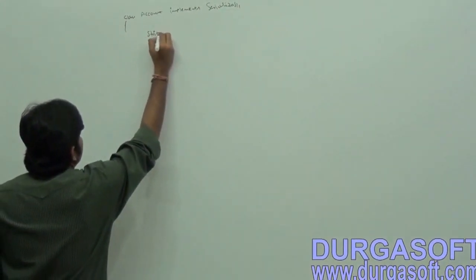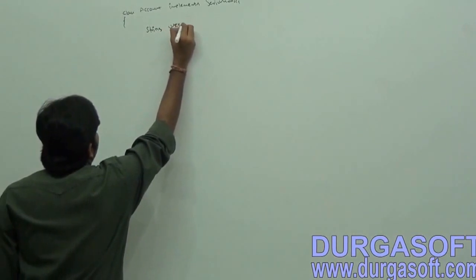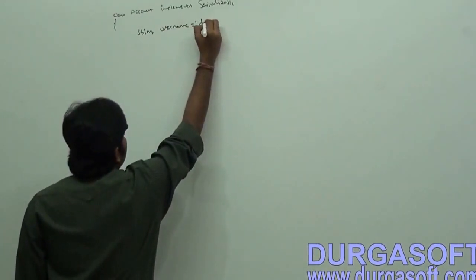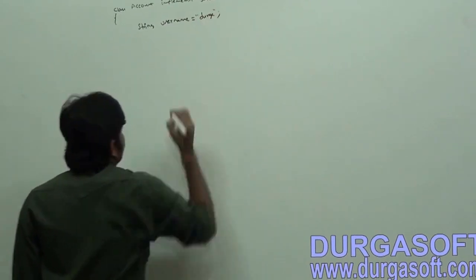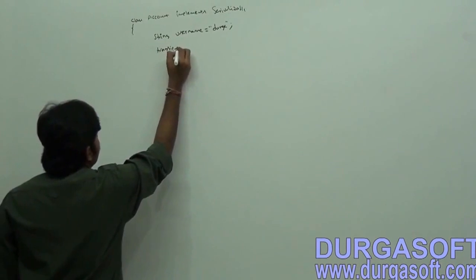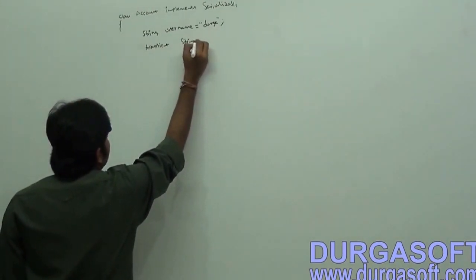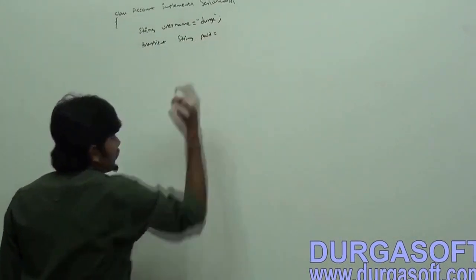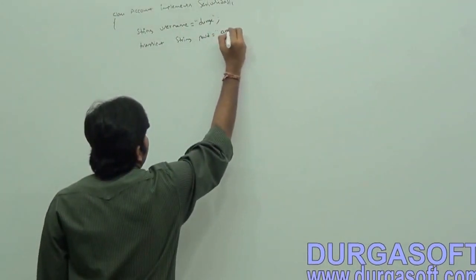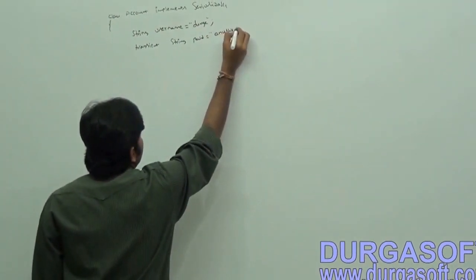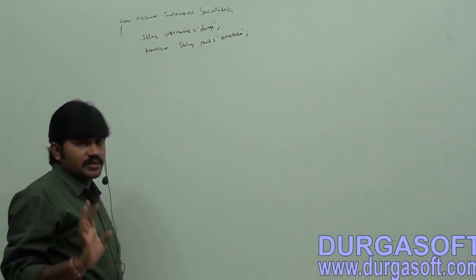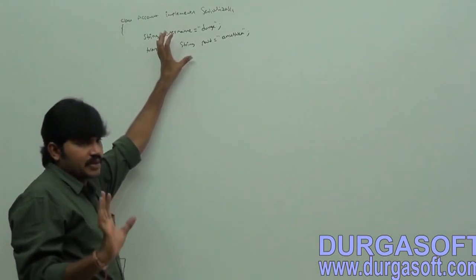String username is Durga. Next, transient String password is equal to Anushka. Same thing I am taking. So don't write the legend. These are the two fields, right?